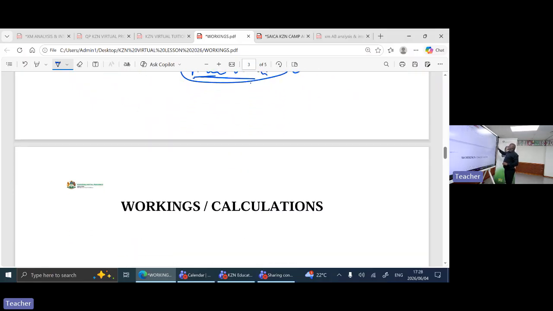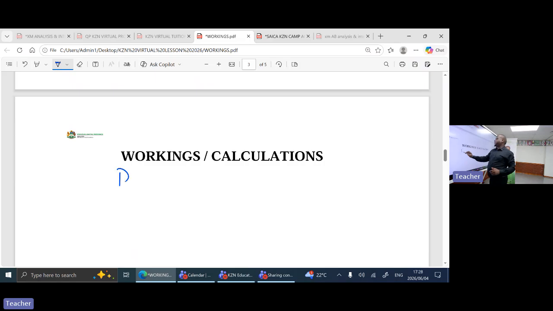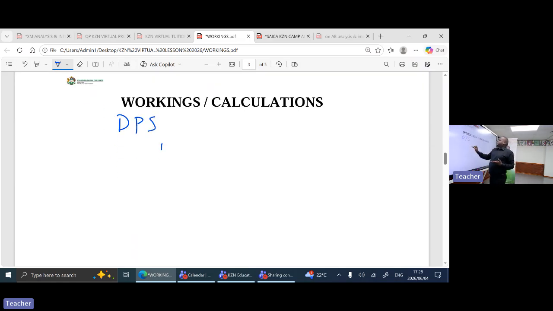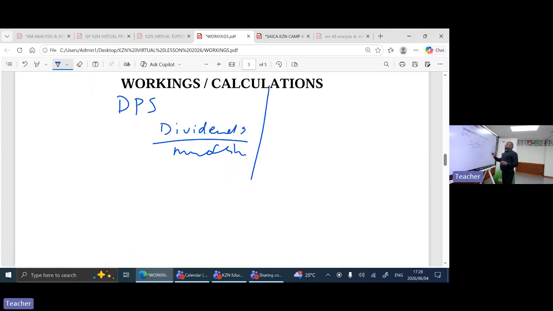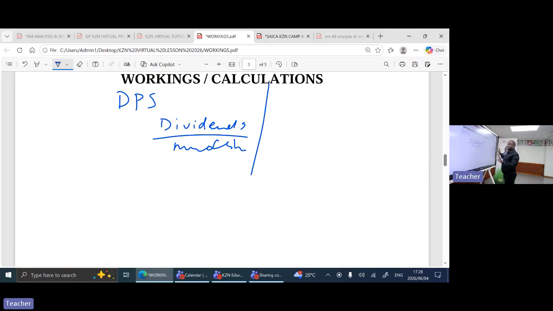Okay. Then we also have dividends per share, DPS. Now, you take your dividends divided by number of shares. But this one will not give you what you want. That is why I encourage students here to calculate this in 2 separate parts, your interim dividends and your final dividends.